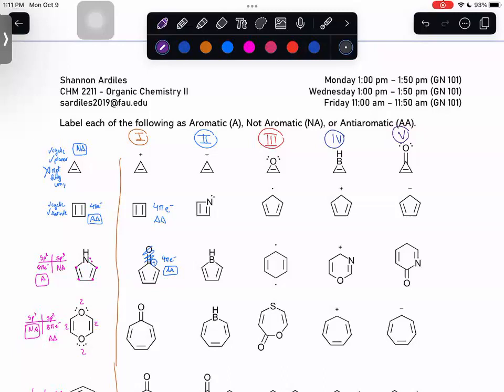Carbon, carbon, all of that part, but that one too. This carbon in here has 1, 2, 3 groups, so it's sp2. There are no pi electrons in this case, but it's still sp2. So pi electrons aren't always necessary. As long as you're sp2, you're good.